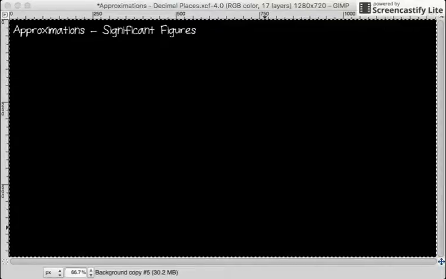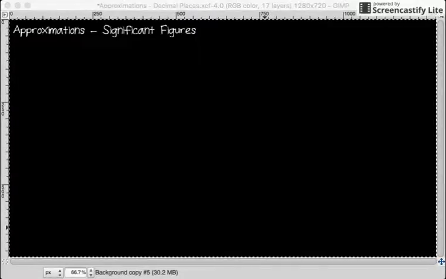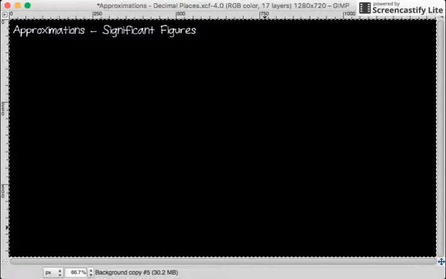In this video, we're also going to look at approximation, but now we're going to be looking at approximations using significant figures. And significant figures are a little different than decimal places in that instead of concentrating on the number of digits after the decimal place, we just look at digits that we consider to be important or significant.